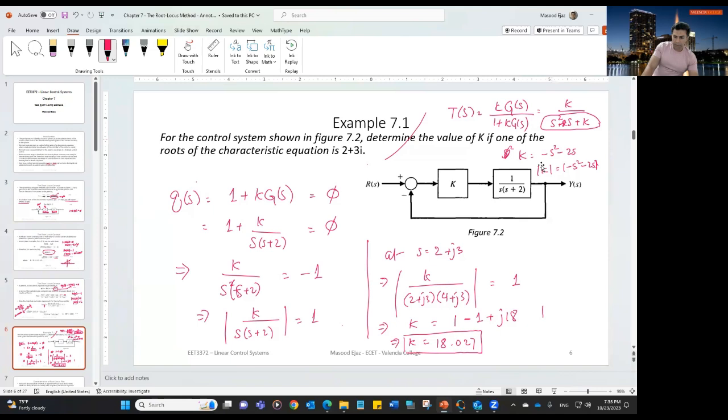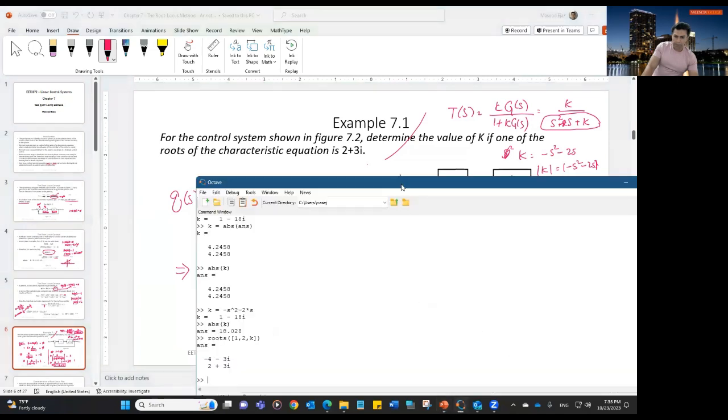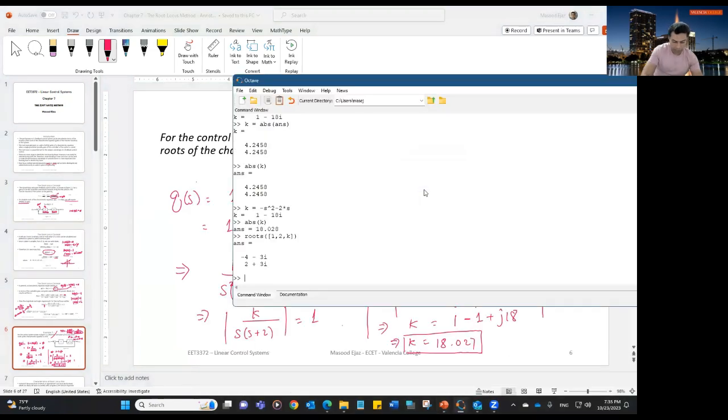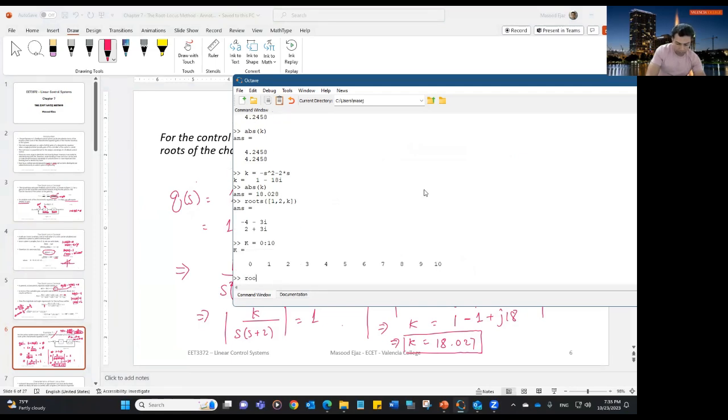So let's say k is equal to 0 to 10, and I do roots. Well, I cannot put k over there. I'll have to use a for loop, basically. I'll just use for k equals 0 to 10.